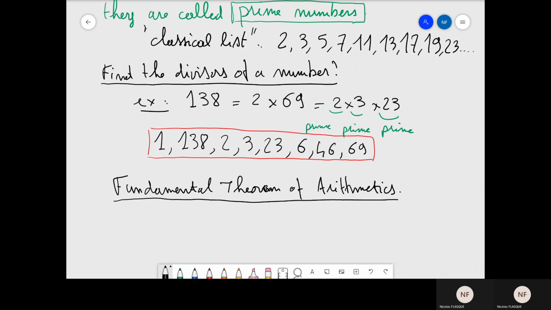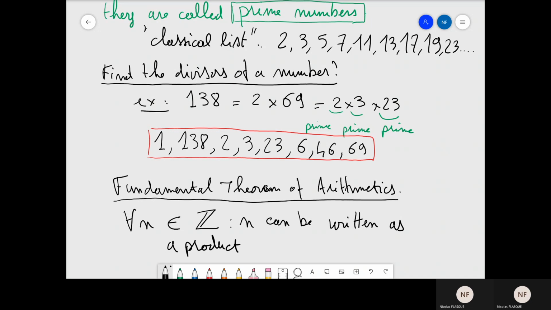From this example, actually, this will be true for any integer numbers. So for all n as an integer number, n can be written or decomposed as a product of powers of prime numbers.